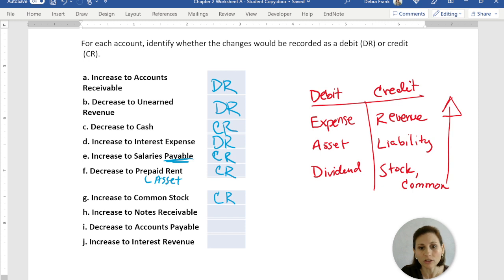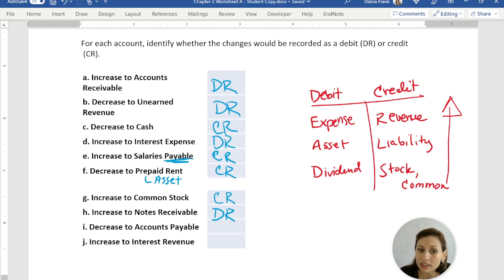But the note itself might take a little longer for the business to collect, and it still is going to become cash, and so that will be an asset as well. So we have a DR as an asset account.